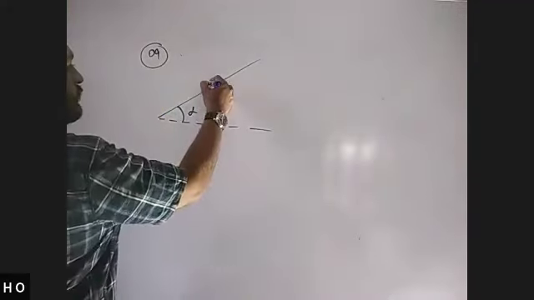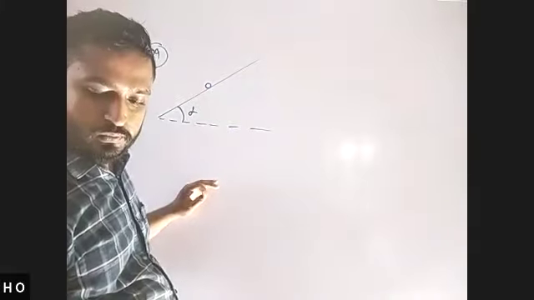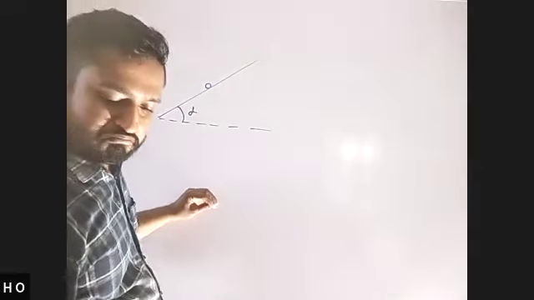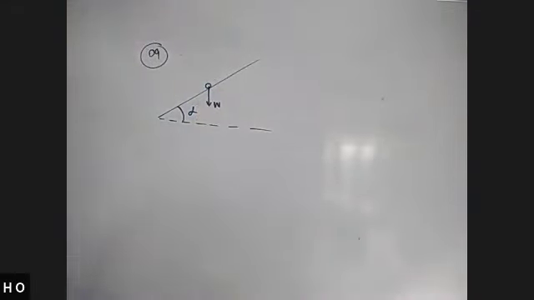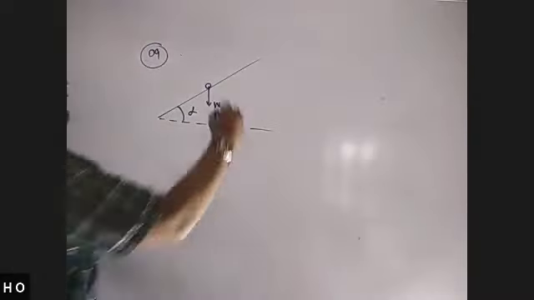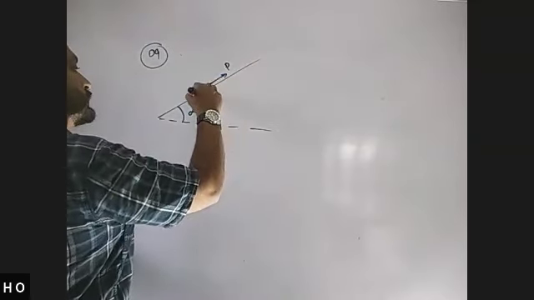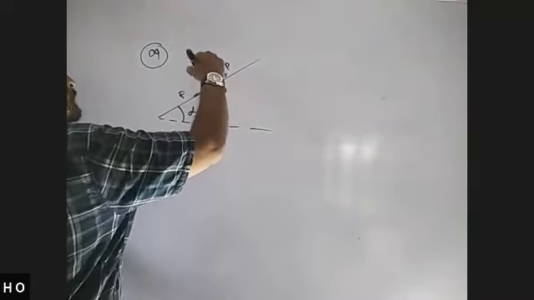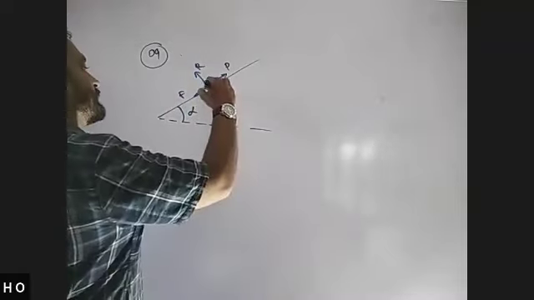Weight W. By marking the weight as W, you have to move this up. Let us mark that external force as P. As you try to move it up, the friction force acts down, and the perpendicular reaction is there as well. So let us mark everything now here.